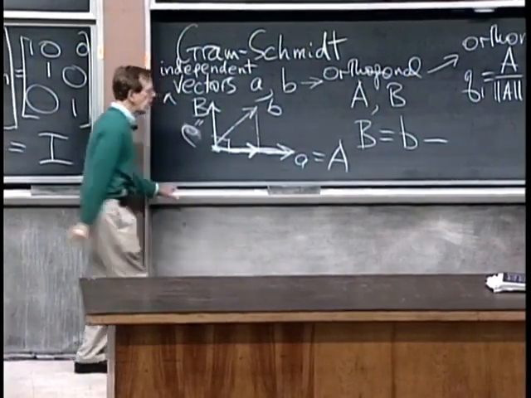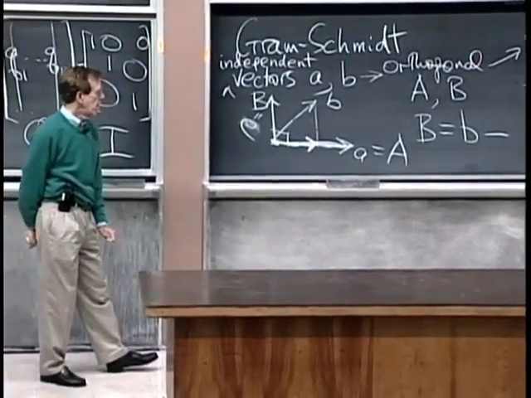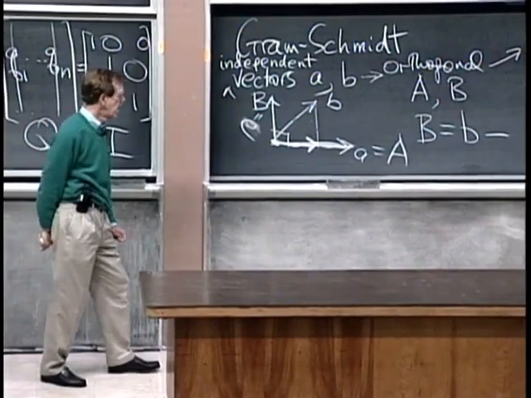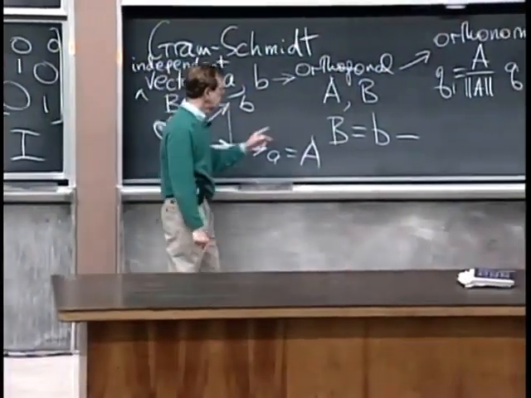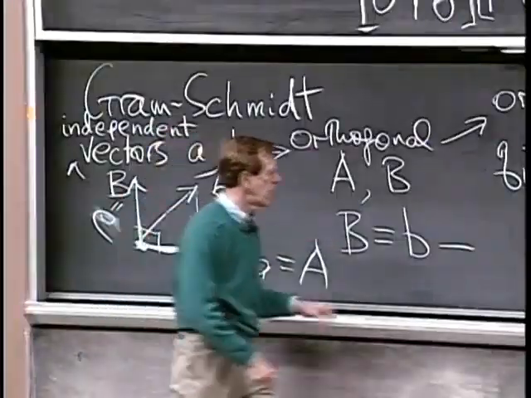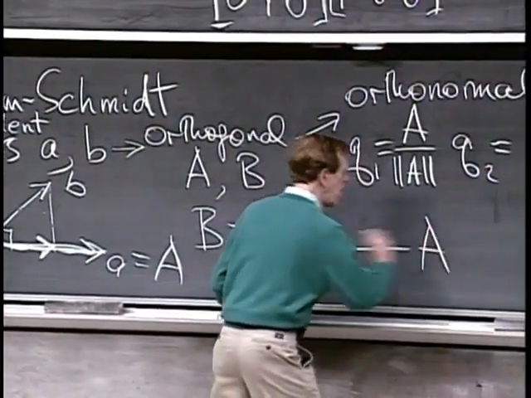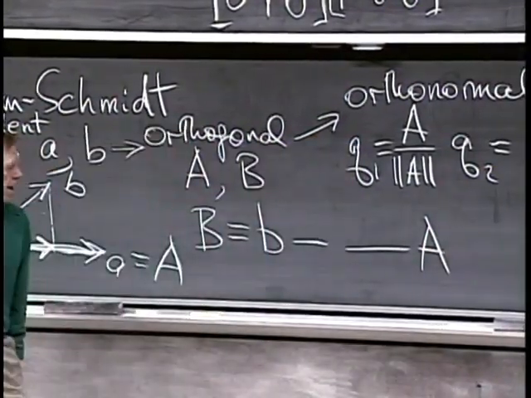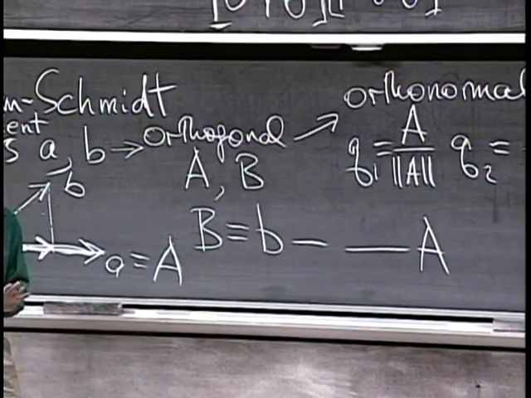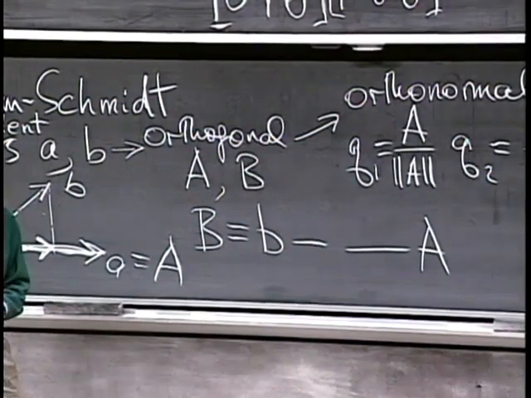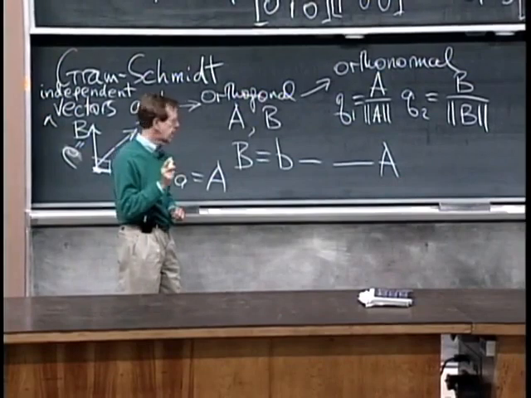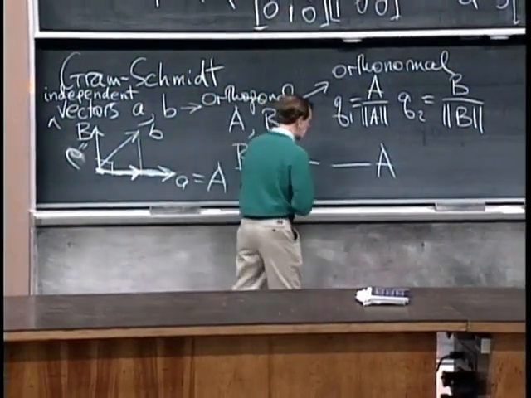So what's its formula? I want to subtract the projection. Do you remember the projection? It's some multiple of A. And what's that multiple? It's that thing we called x in the very first lecture on this chapter.